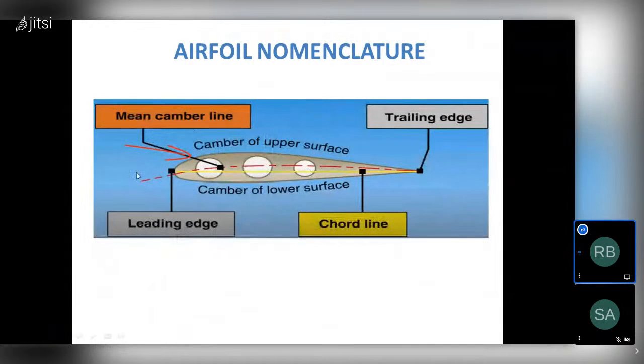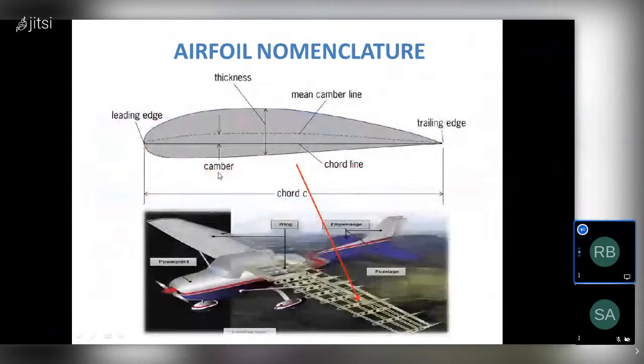Here we have the camber line, the chord line, and the rest, similarly shown in the slide, the 2D view. This is our leading edge, and this one is our trailing edge. This aerofoil is not a symmetrical aerofoil; it's an unsymmetrical aerofoil because here we have some amount of camber.